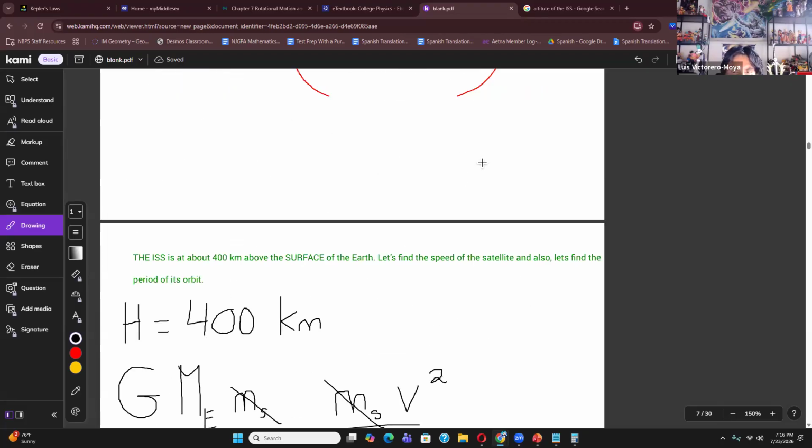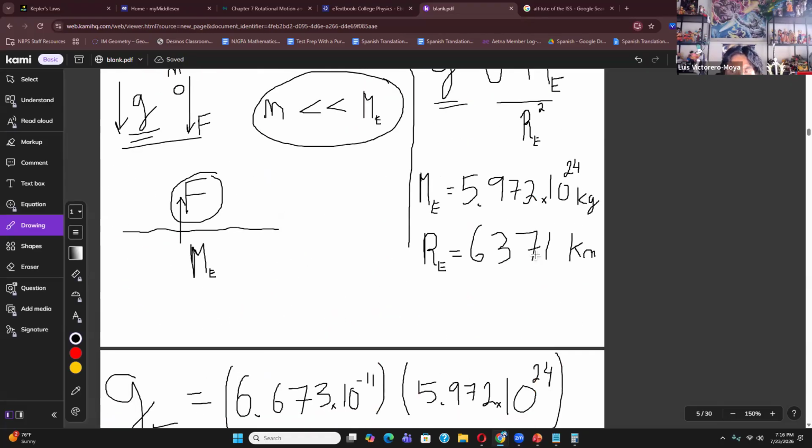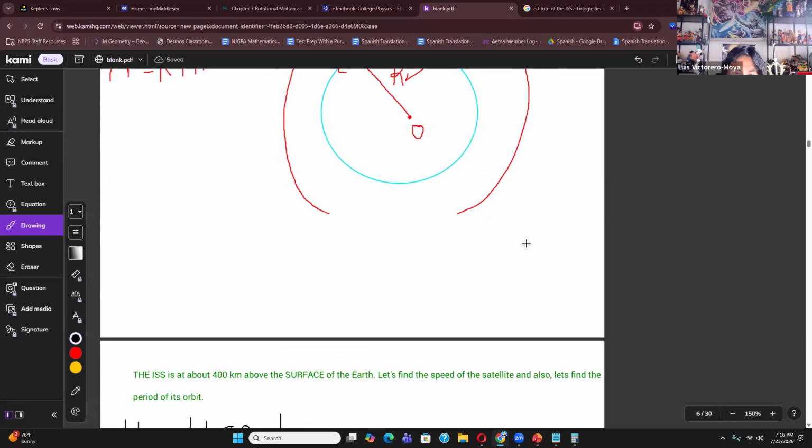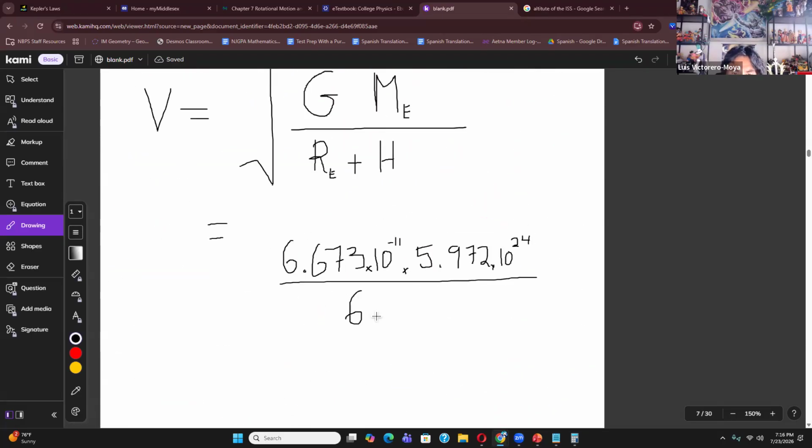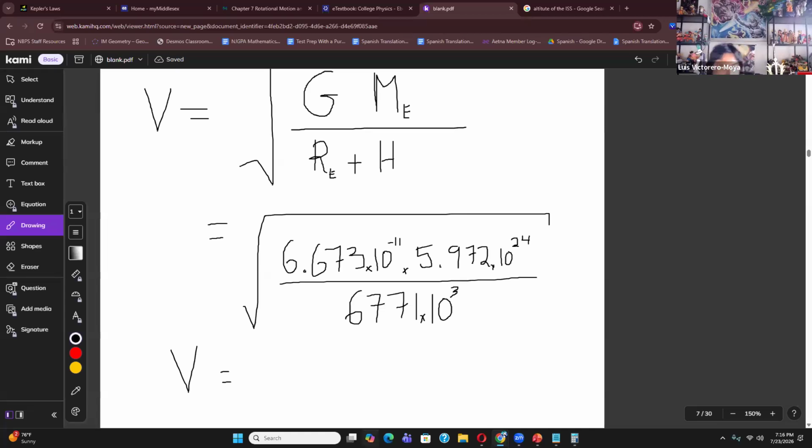This was 6,371 plus 400, 6,771 times 10 to the 3. Square root of that. You are finding the orbital velocity of the ISS. All right. What do you get?